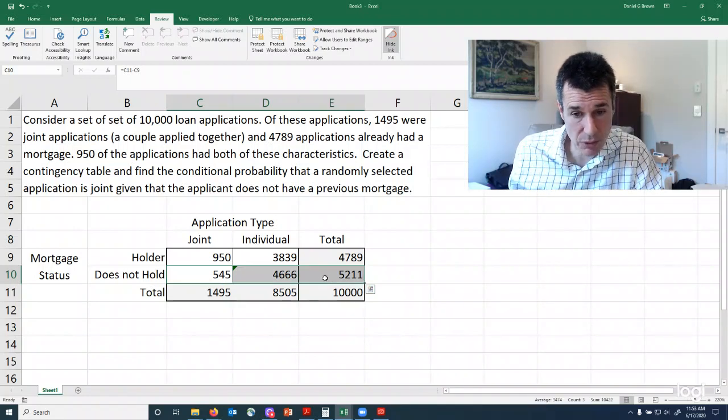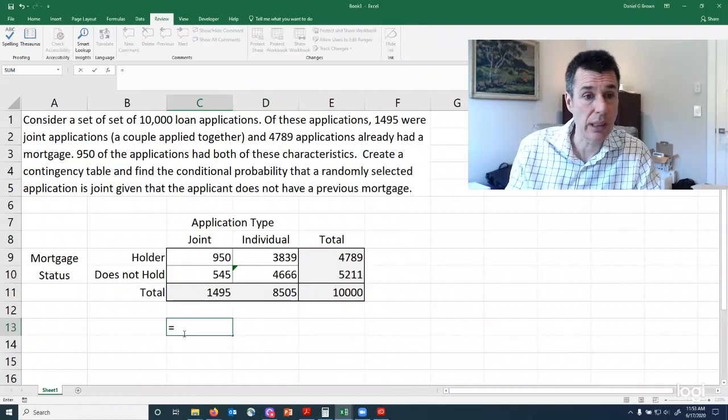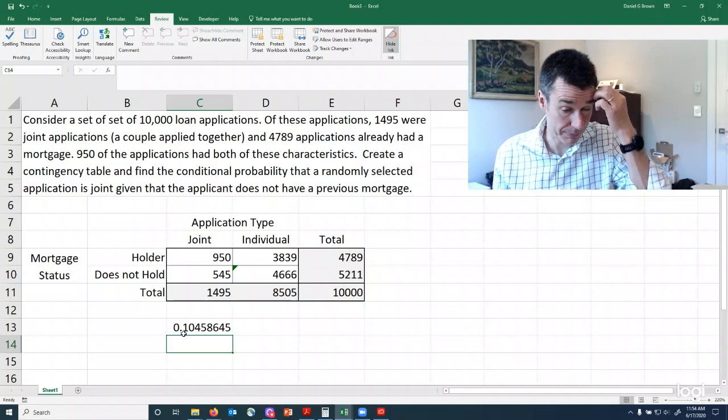Because we have already restricted ourselves to these 5,211 who do not have a previous mortgage, which means this conditional probability has to be 545 divided by 5,211, or around 10.4546%.